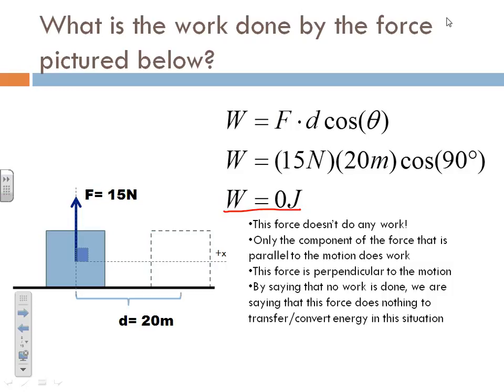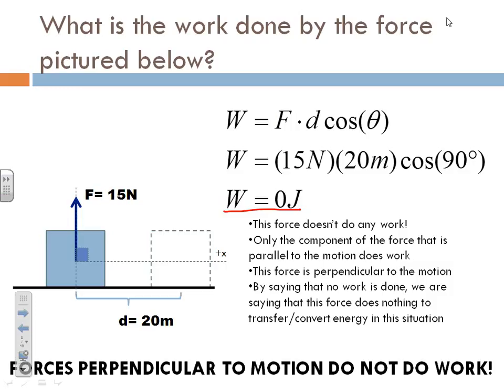So by saying that no work is done, what we're really saying is that this force does nothing to transfer energy to the object or convert energy in this situation. So even though 15 newtons worth of force is acting on this object, it's not at all helping to move this object from one place to the other. It's working perpendicular, and so it does no work.